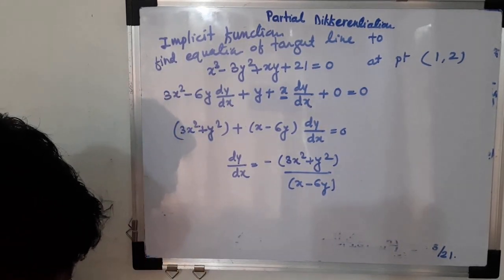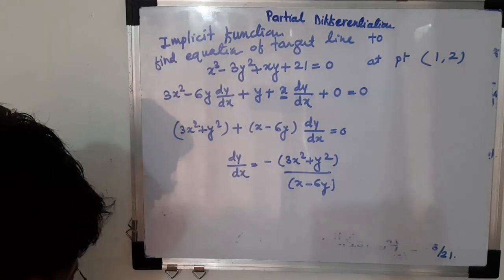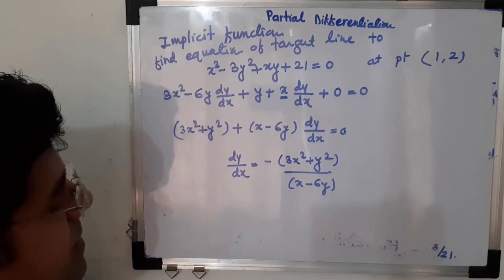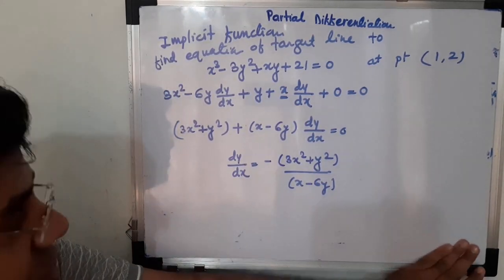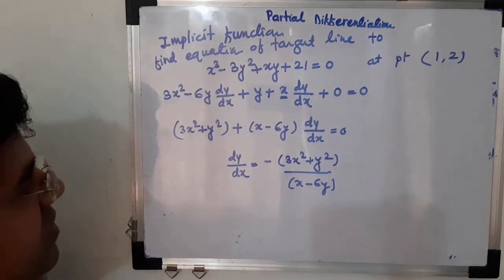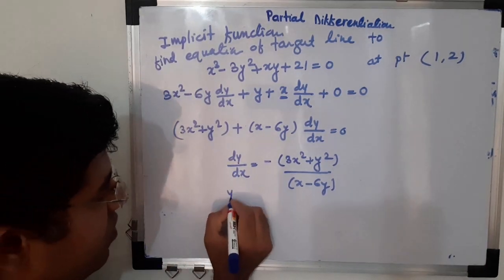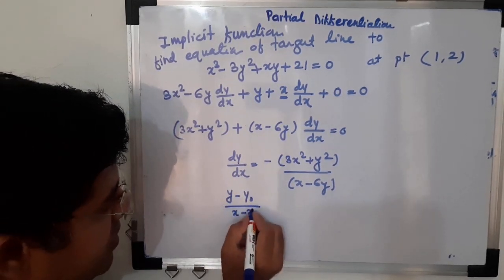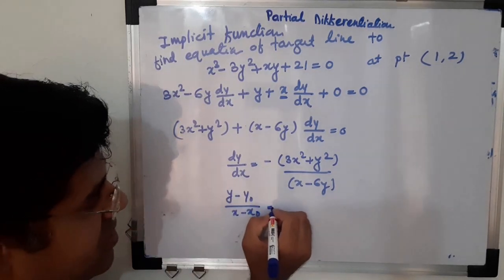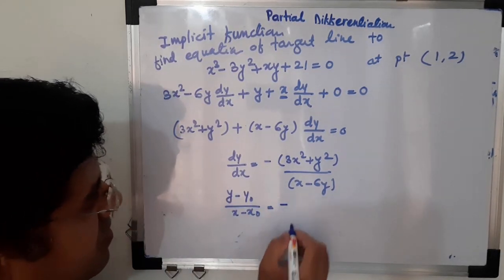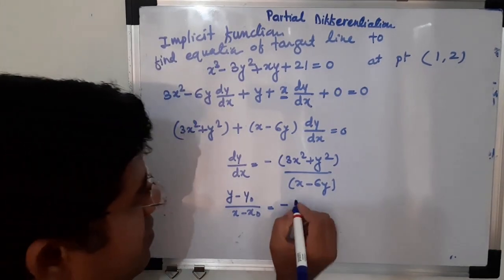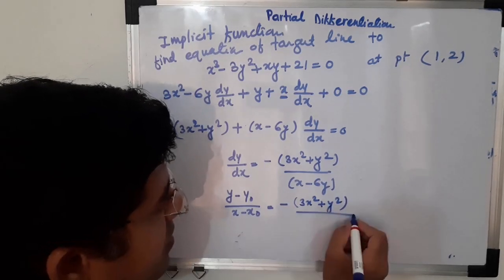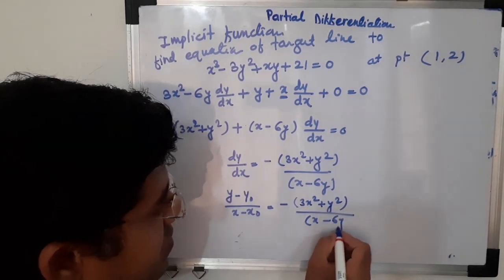Okay. So in this case we have to find the equation of a tangent line at a point. Which point is given? So this step I can write as y minus y0 divided by x minus x0 is equal to minus 3x square plus y square divided by x minus 6y.